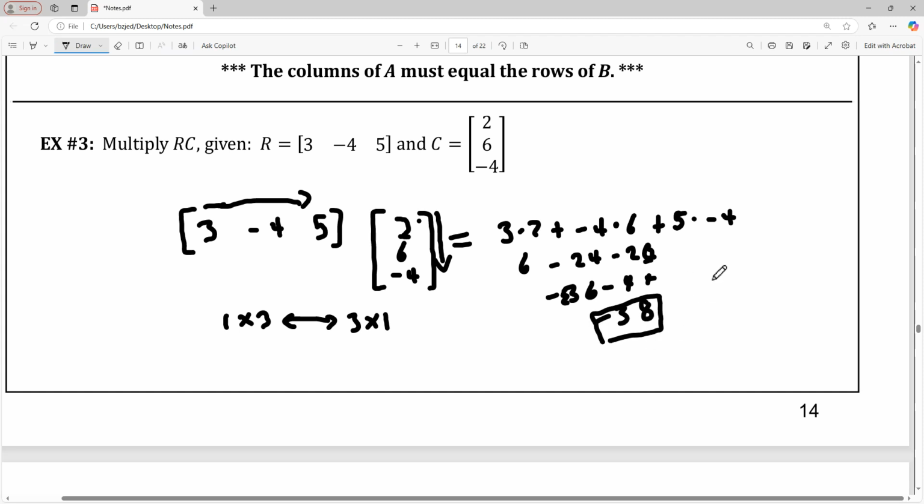Technically speaking, this negative 38 is actually a matrix, the matrix of just negative 38. The reason I know that is that to multiply these matrices together, these two numbers on the inside have to match, and your final answer will be a matrix of the size of these two numbers on the outside. So my final answer is technically a 1 by 1 matrix of negative 38.